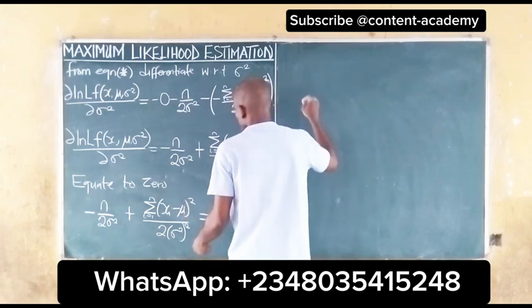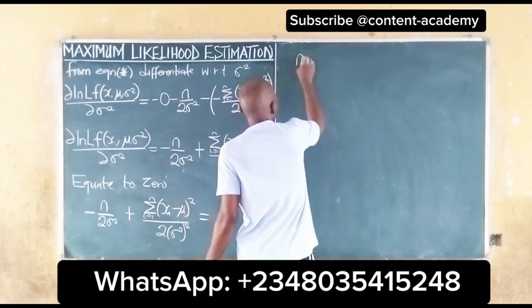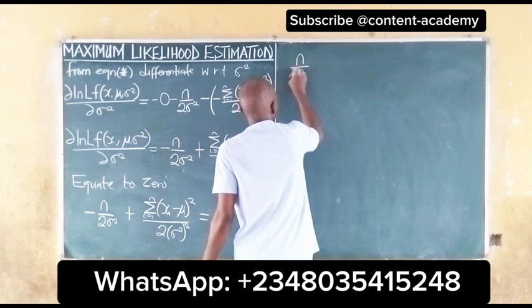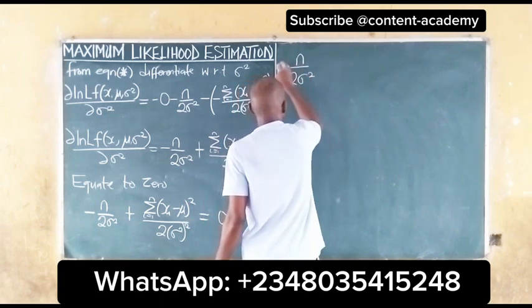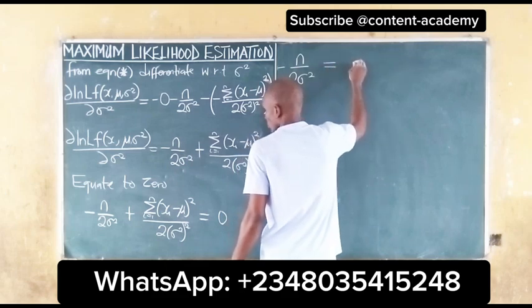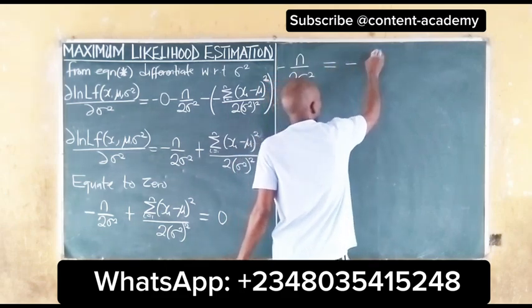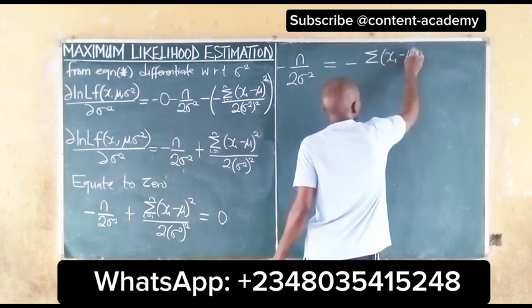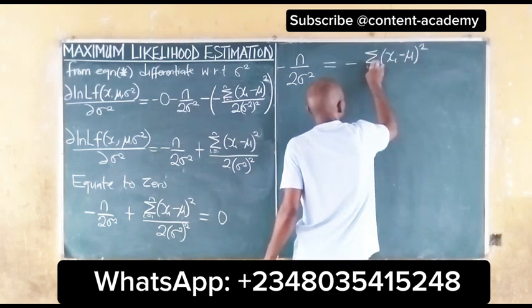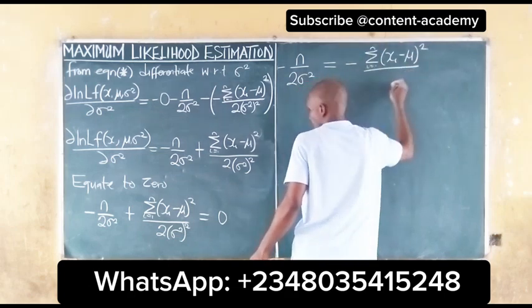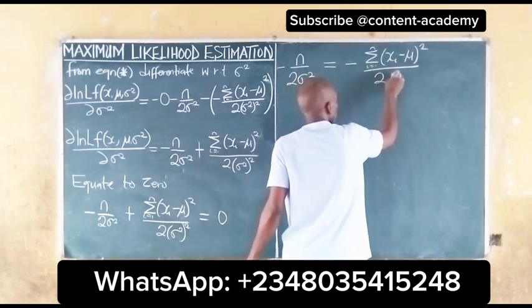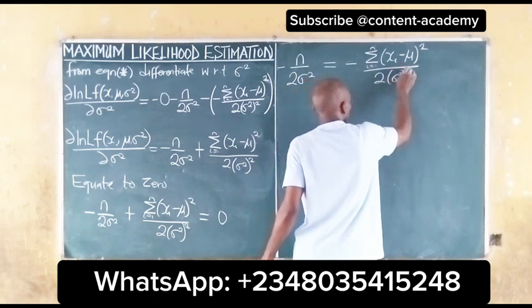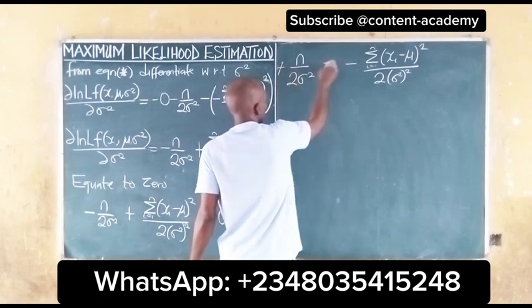So we can write this as n all over 2 sigma squared is equal to negative summation of (xi minus mu) squared, as i running from 1 to n, all over 2 sigma squared. Of course, this can cancel this.